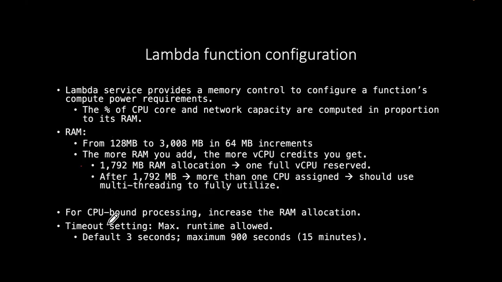So the Lambda service creates our micro VM and it loads our function into it, and then it triggers the execution of our Lambda function. Now, there is an upper limit as to how long a Lambda function can be running for, because these Lambda functions are meant to be quite short bursts of processing, whatever the nature of the processing is.